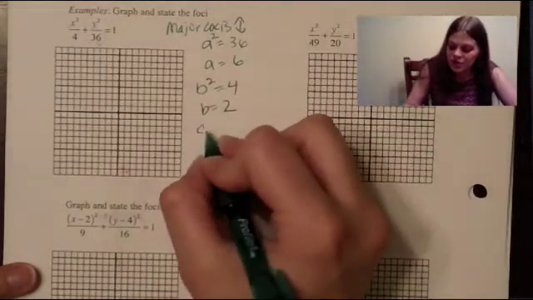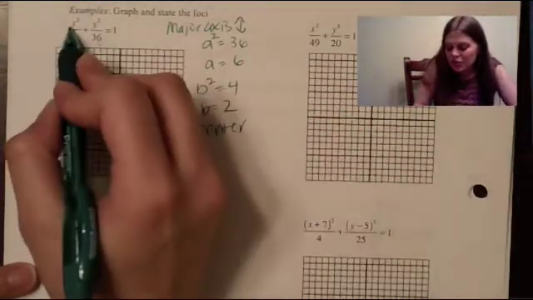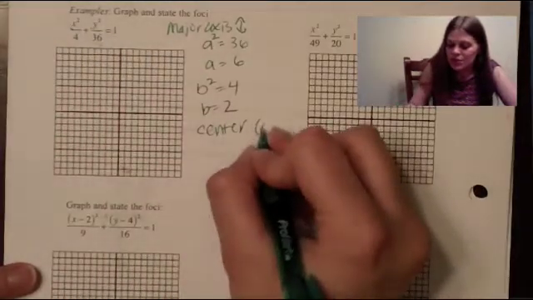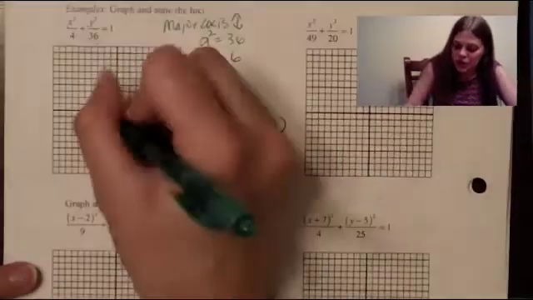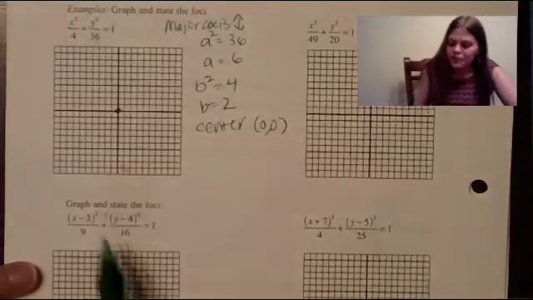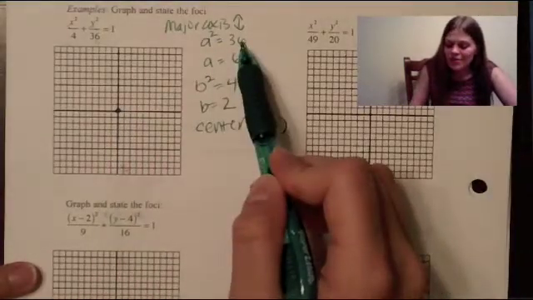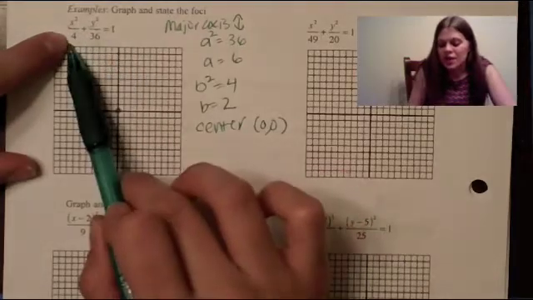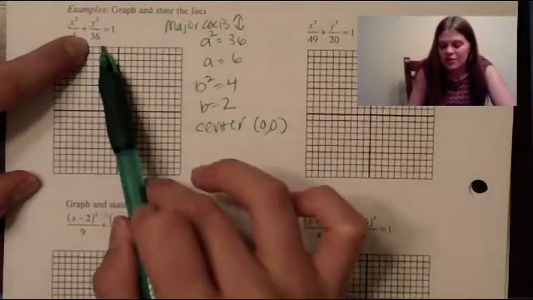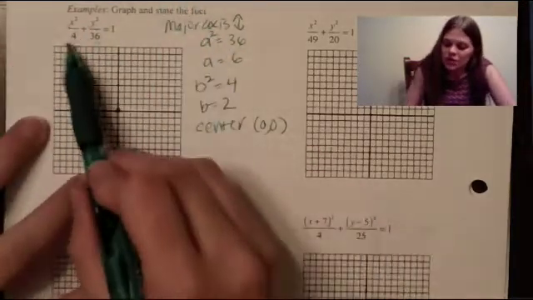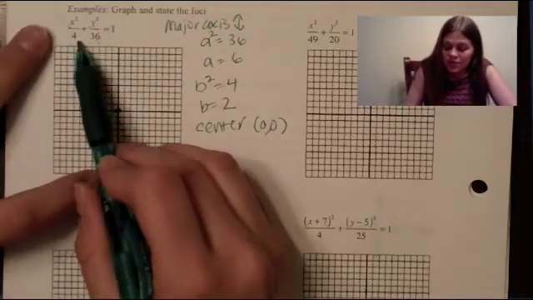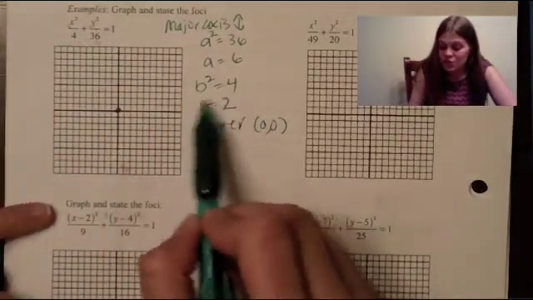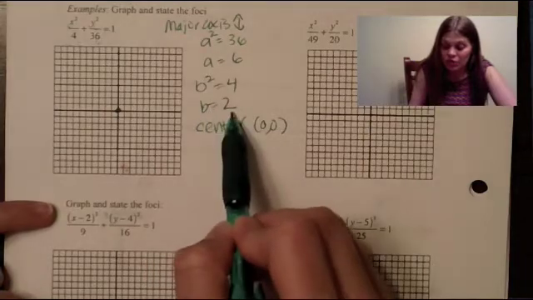Our center, notice I have nothing inside parentheses with the x or the y, so that means our center is at 0, 0. So I start at 0, 0. The major axis is up and down. Basically what you want to remember is that if it's underneath the x, that's where you go left and right. If it's underneath the y, that's where you go up and down. So since the 4 is underneath the x, I'm going to take the square root of that, which is the b part, and you get 2.